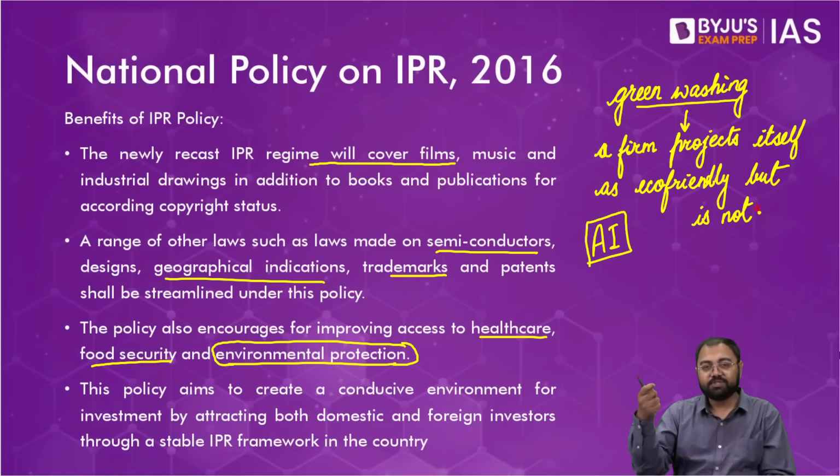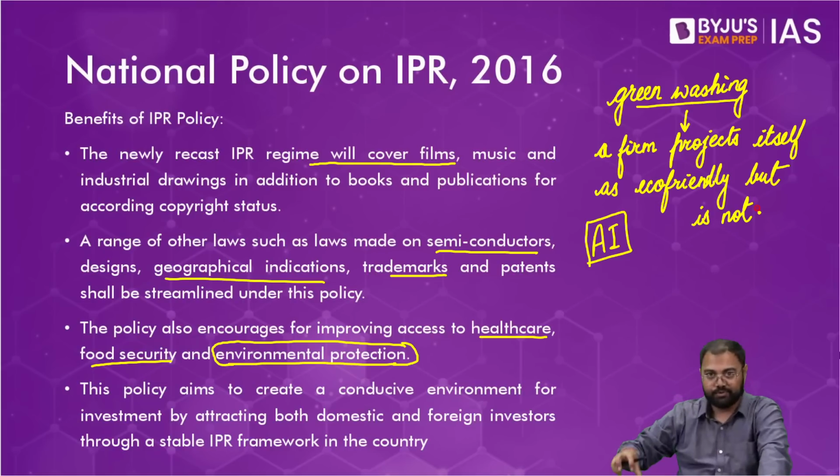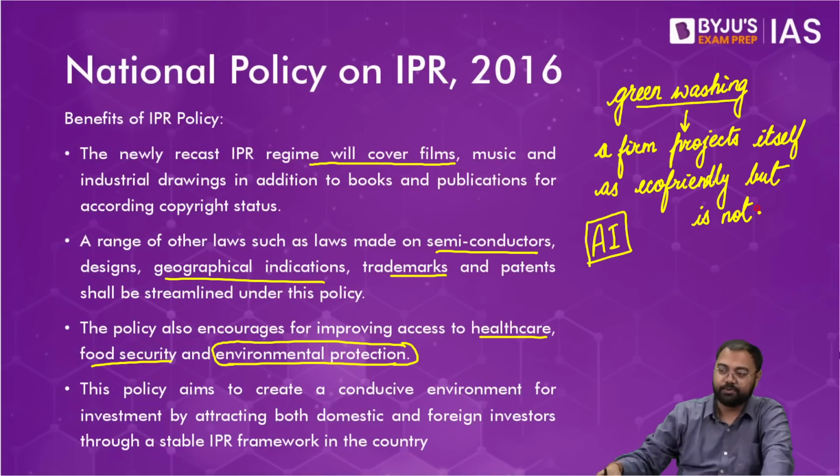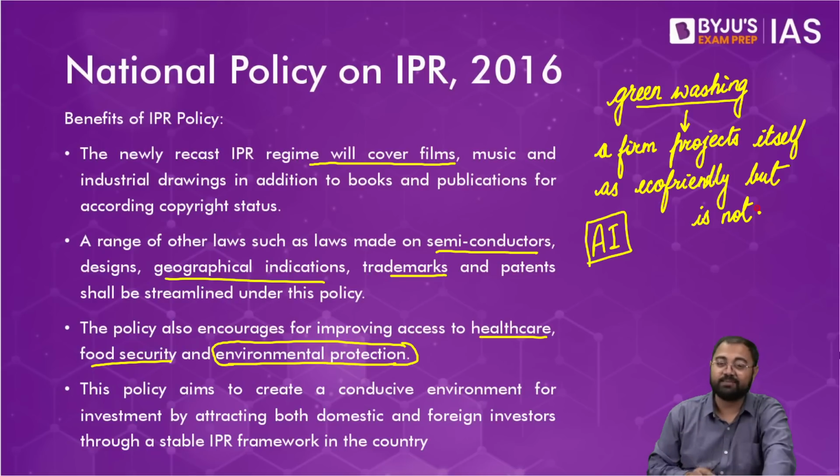If the product is sitting in a warehouse in Delhi or Gurgaon, it will first go from there to Delhi airport, from Delhi airport to Bangalore airport, from Bangalore airport to the Bangalore warehouse, and from the Bangalore warehouse somebody will come on a bike to deliver it to me. Just imagine the amount of carbon dioxide emission that has happened in this entire process. Then in what sense are these companies saying that they are eco-friendly?